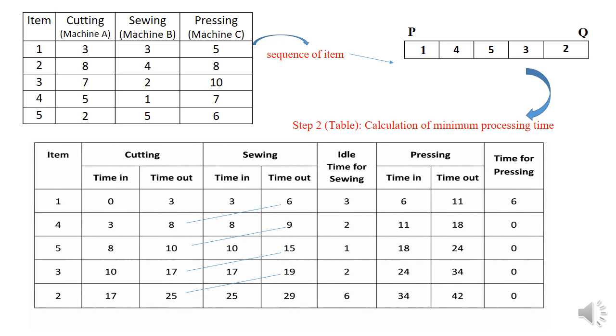The idle time of pressing machine or the waiting time of pressing machine is 0 hours for starting this job, because the time out of previous work in pressing machine was 18 and the time in of present item in pressing machine is 18.